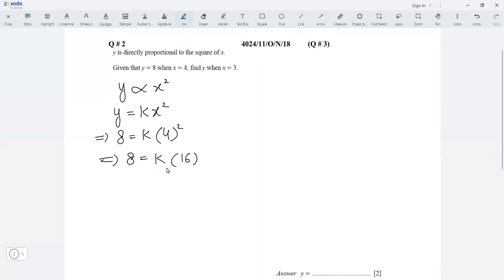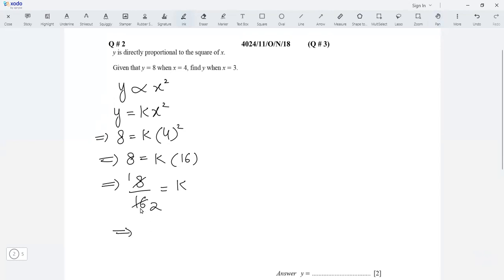Now k and 16 are multiplied, so this 16 will be divided onto the other side. So remember, 8 1 times 8, 8 twos are 16. Most of the students make the mistake that instead of writing 1 by 2, they write 2. 2 is the incorrect way because the numerator is 1 and the denominator is 2. So remember this concept.